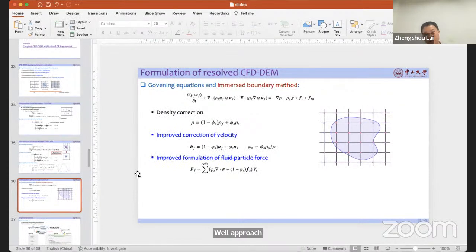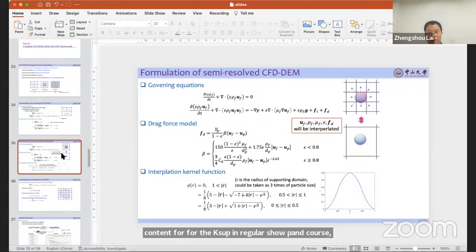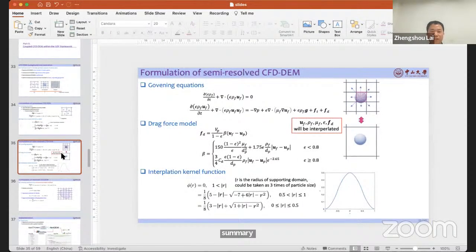And we have also done a lot of analysis and investigations to see whether the non-slip boundary condition can also be accounted for in the case of irregular-shape particles. Honestly, for the unresolved CFD-DEM and also the semi-resolved CFD-DEM, we haven't done more detailed investigations.